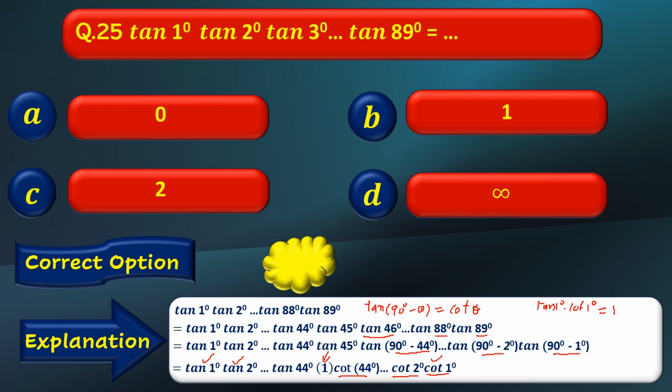Similarly, tangent 2 degree and cotangent 2 degree will also give 1. And similarly, we form pairs which will cancel each other, and eventually we get the answer 1. Therefore, correct option is option B.